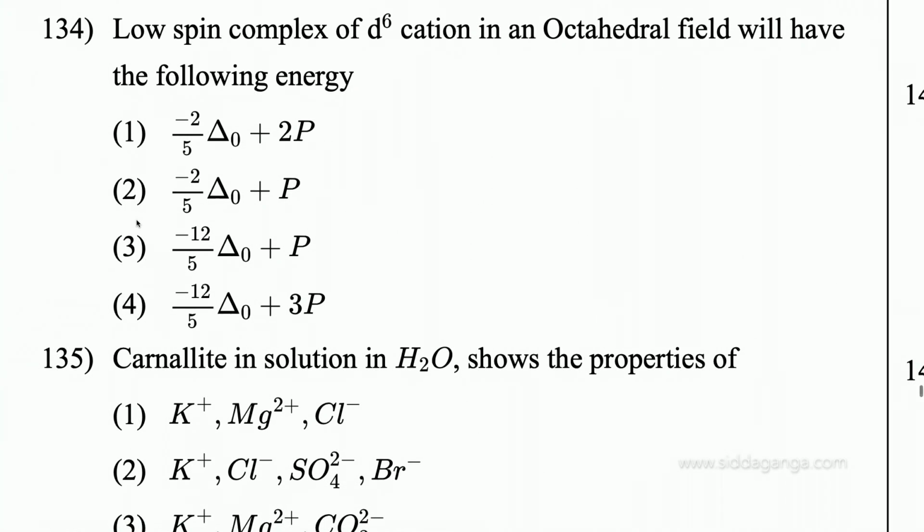Right. Low spin complex of d6 cation in an octahedral field will have the following energy. Good question, but a direct question.